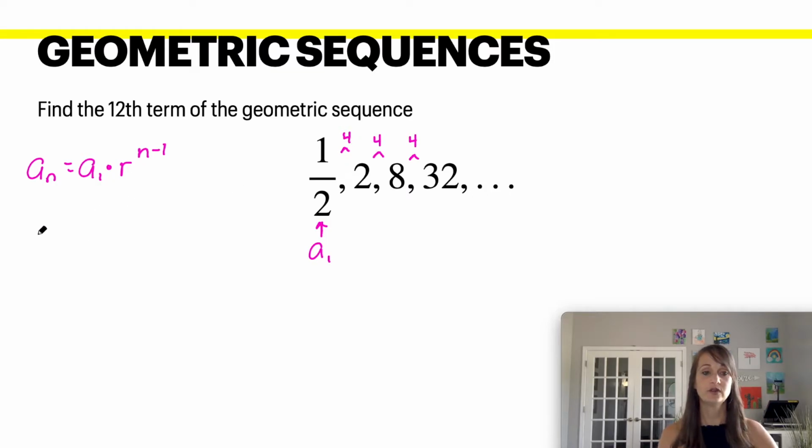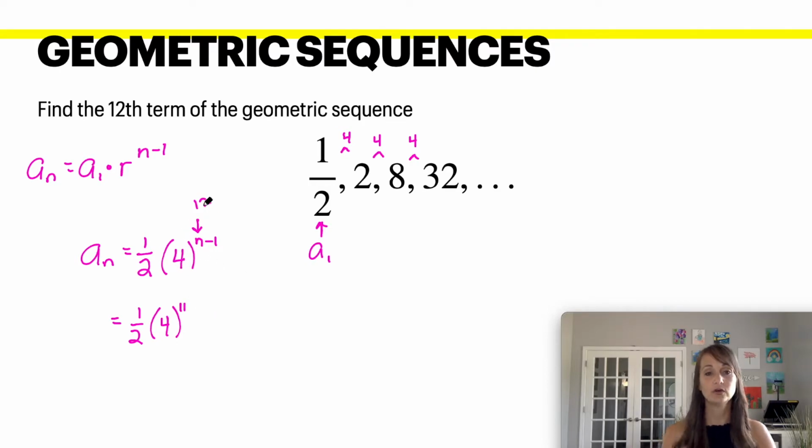So therefore, the formula is going to be the first term, a half, times the ratio, 4, to the n minus 1. Now, it wants to know the 12th term, so you are going to plug in 12 into that. So therefore, it is going to be 1/2 times 4 raised to the 11th power.